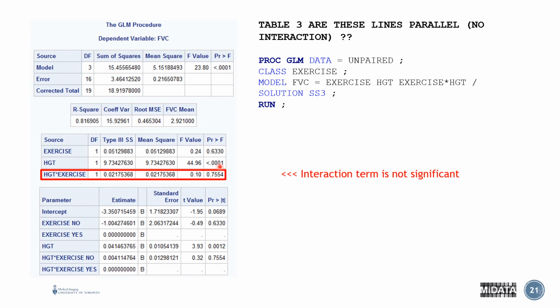That is an interesting thing to note immediately, because what it should indicate to you is that the relationship between FEC and height does not differ whether you exercise or you don't. So that means the lines that we just saw in the previous slide are parallel. Or, if you wish, the difference in parallelism between the two lines is not significantly different. How about that? That's what this not being significant indicates.